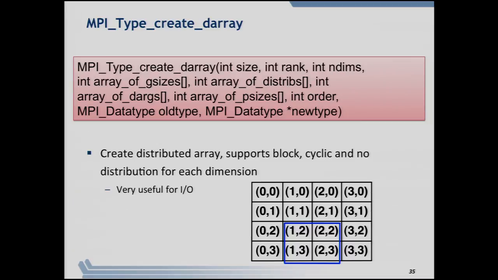There is another array data type constructor called a distributed array constructor, which is a little simple, but it can also be a little tricky to use because it assumes a very specific distribution of an array.